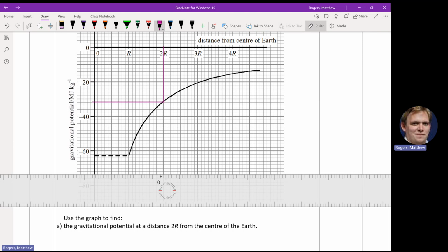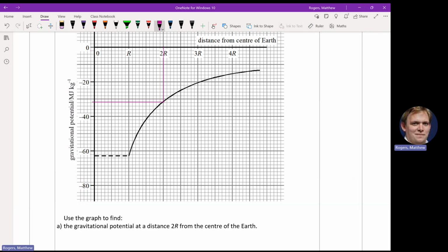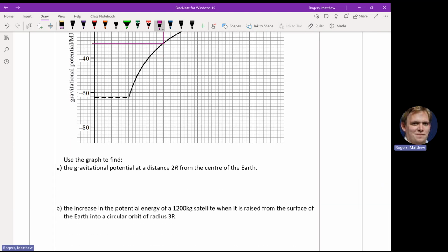So this is at 32, I'm going to say. So write our answer in a slightly thicker pen: minus 32 megajoules per kilogram, or minus 32 times 10 to the 6 joules per kilogram.